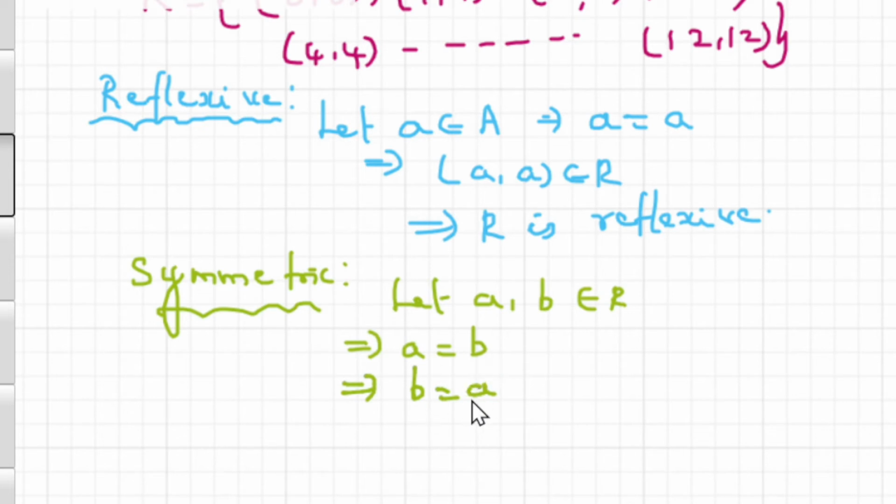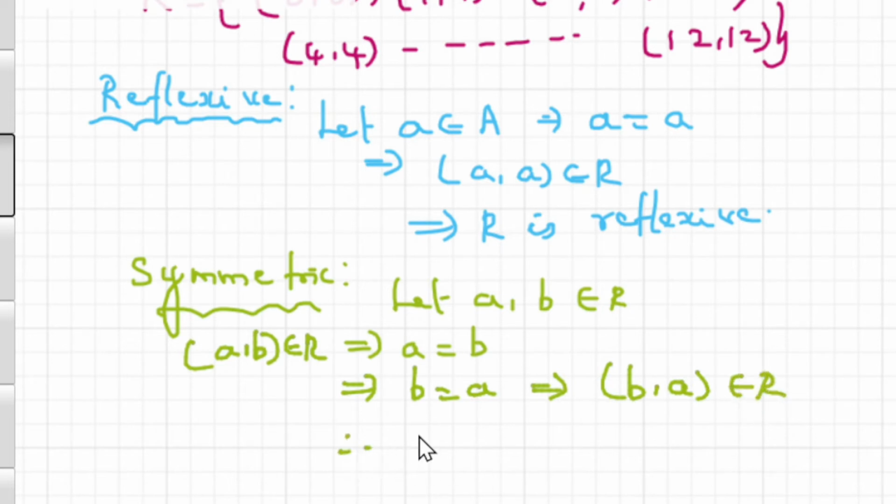It is automatically true. So A comma B belongs to R, then A is equal to B. From this it is clear B comma A belongs to R. Therefore, R is symmetric.